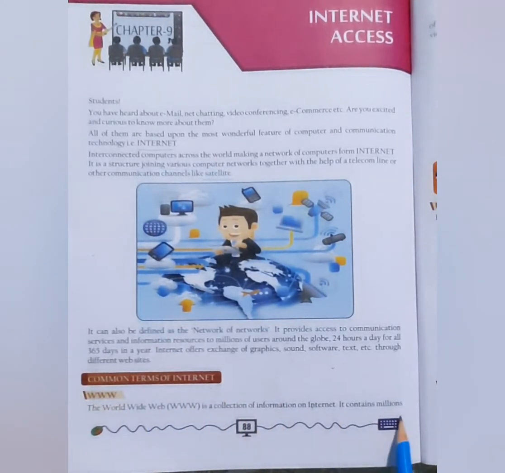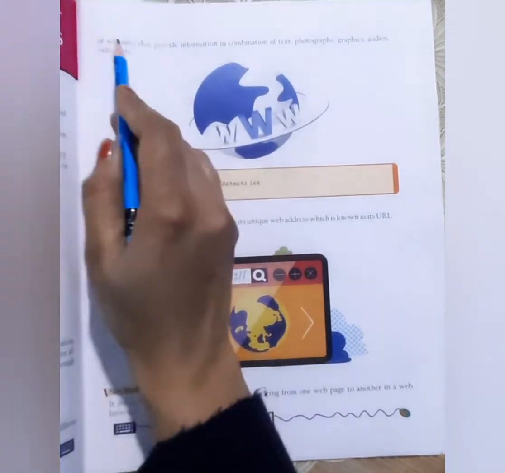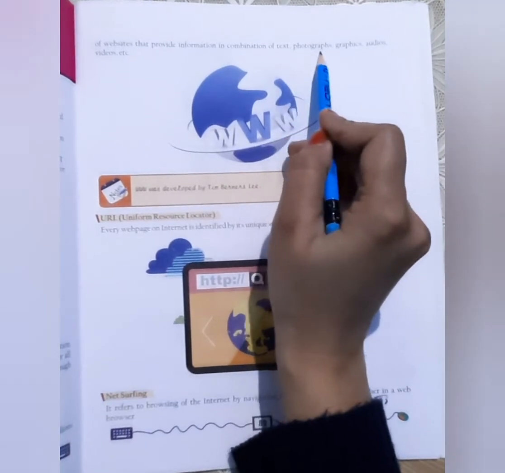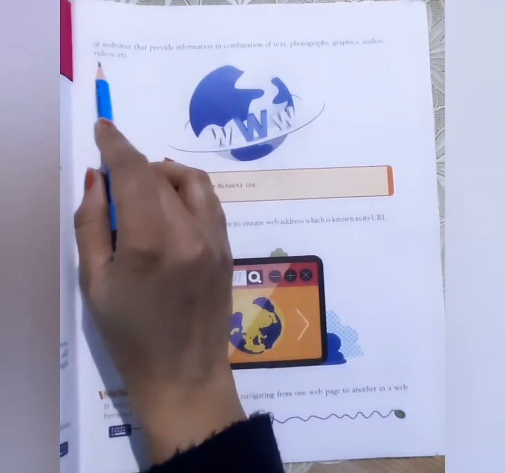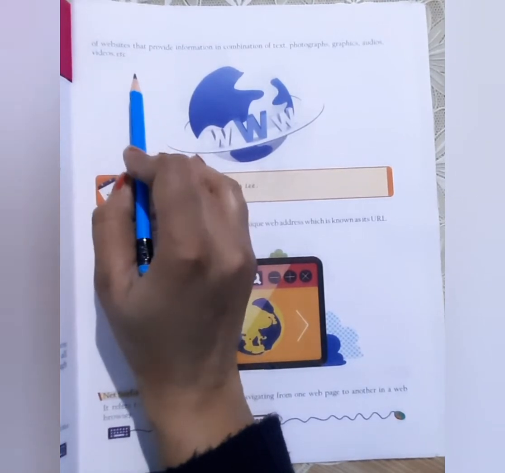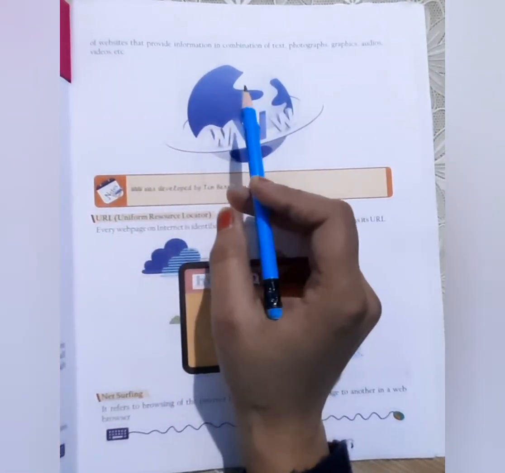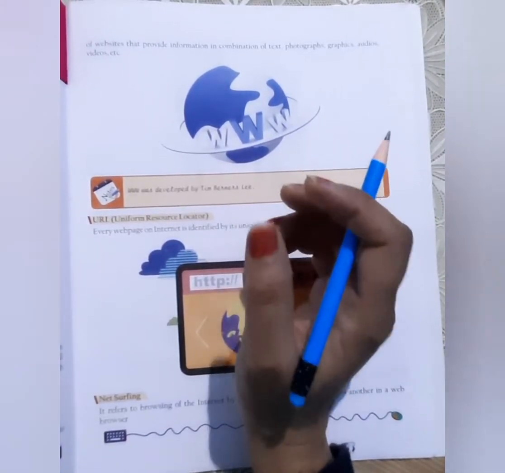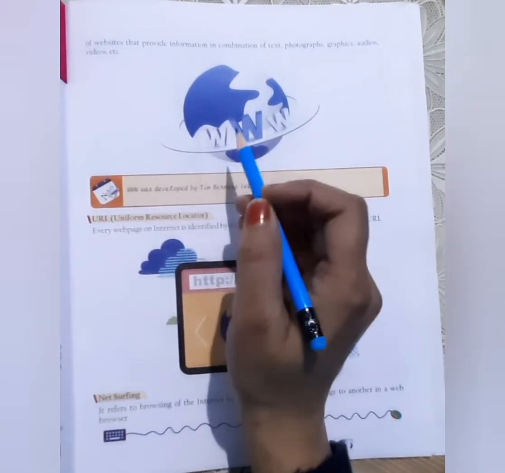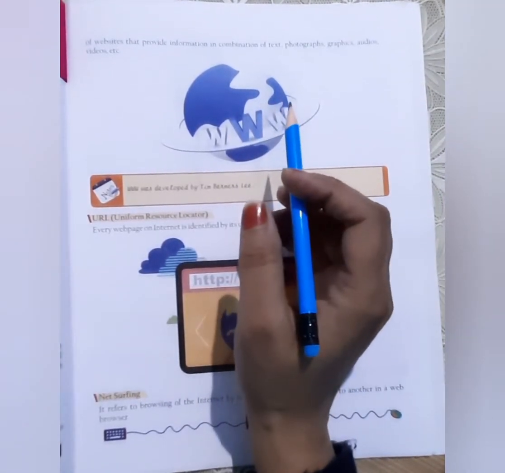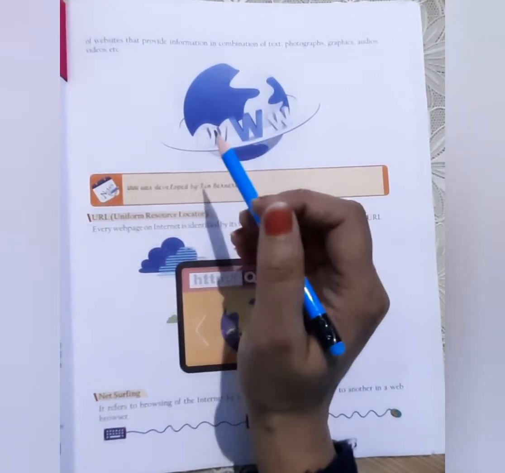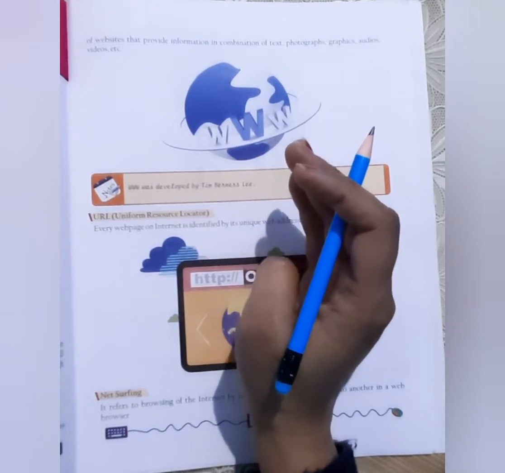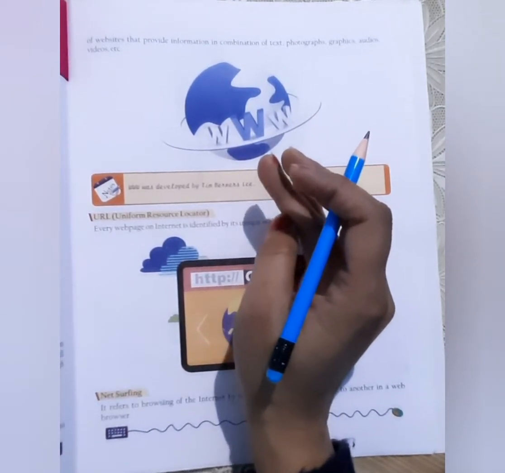It contains millions of websites that provide information in combination of text, photographs, graphics, audios, videos, etc. So children, this www, World Wide Web, is a collection of number of websites which provides the information to the user in the combination of text, photograph, graphics, videos, audios, etc. So for example, as soon as you open any website, it may contain text, photographs, some graphics or audios or videos also.